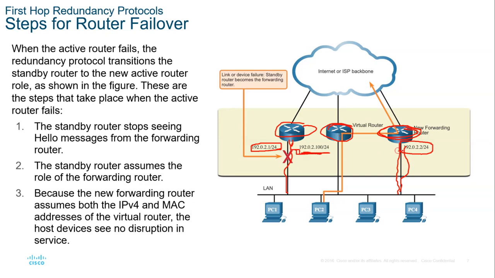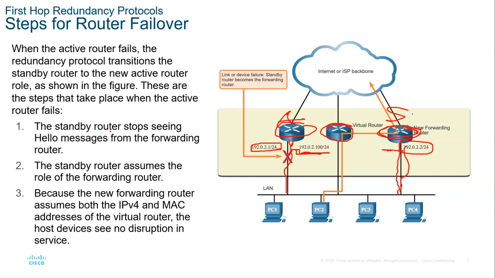To manage this, there must be an active router and then the standby. The standby will come into play when the active fails or stops working, or when the standby fails to see the active on the network.